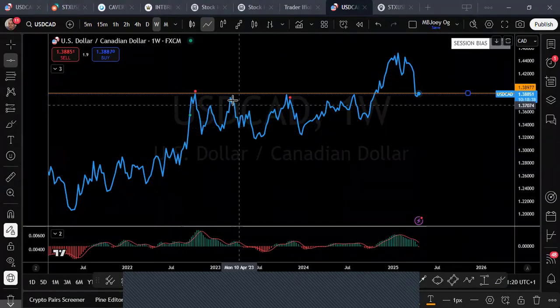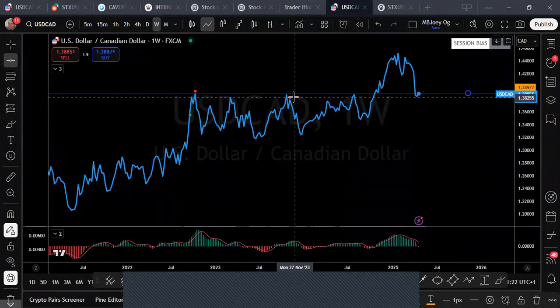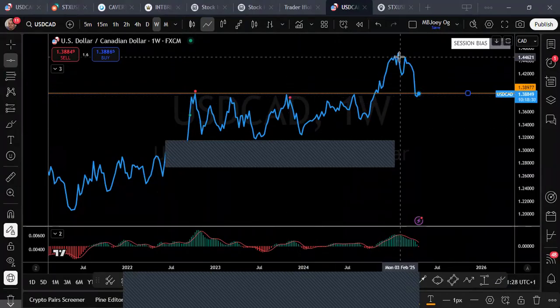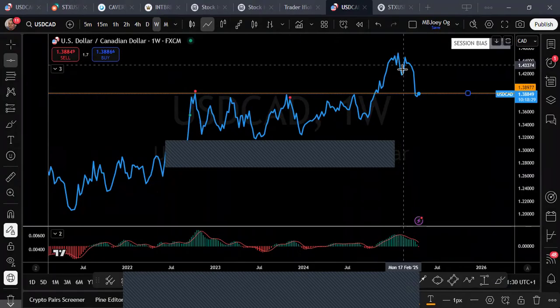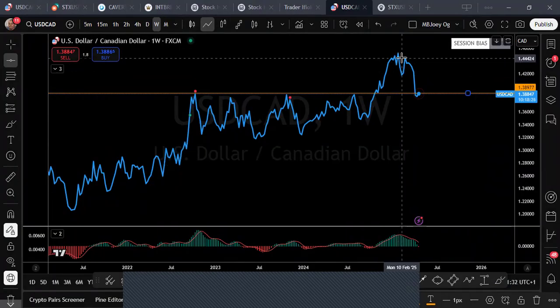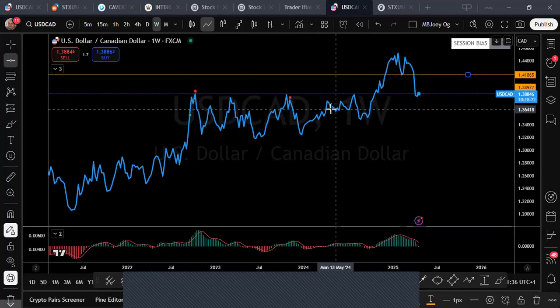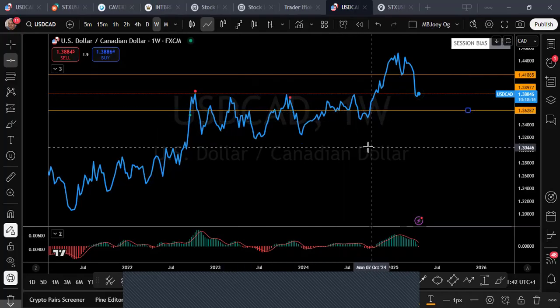What I would have, I would pick this area, and I would pick this area.